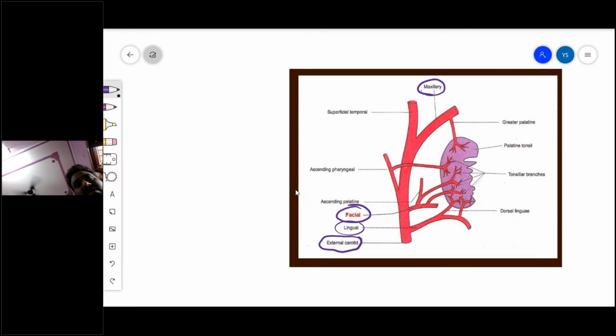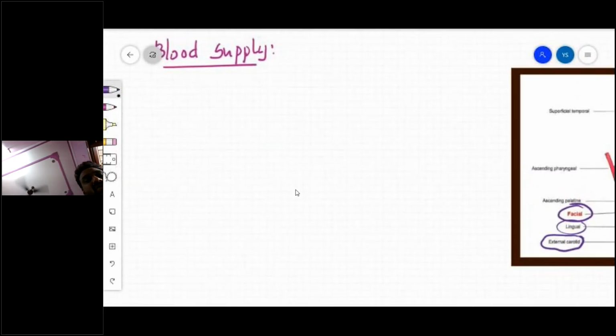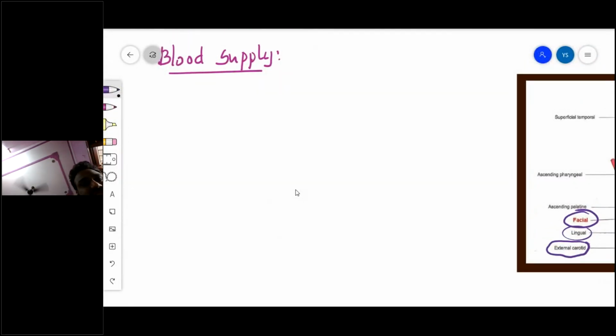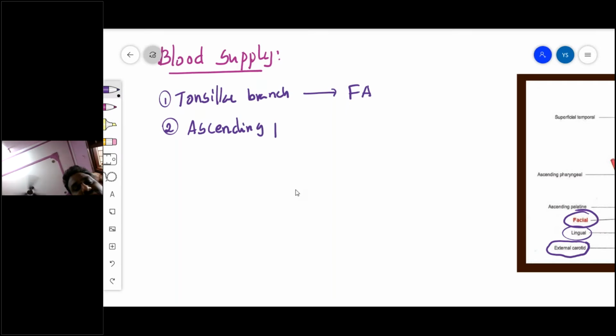Same thing I write in the notes here. First of all, tonsillar branch of facial artery, number 1. Number 2, ascending palatine branch of the same facial artery.